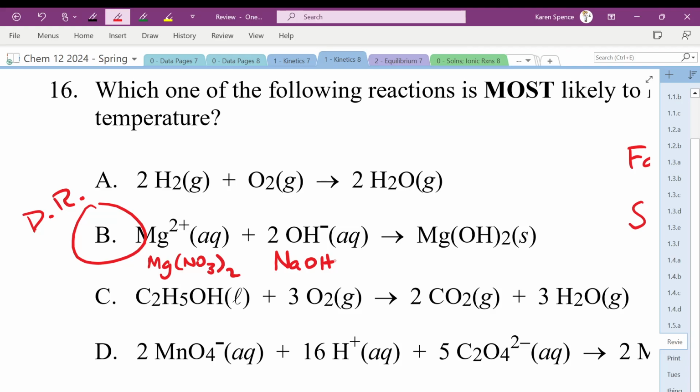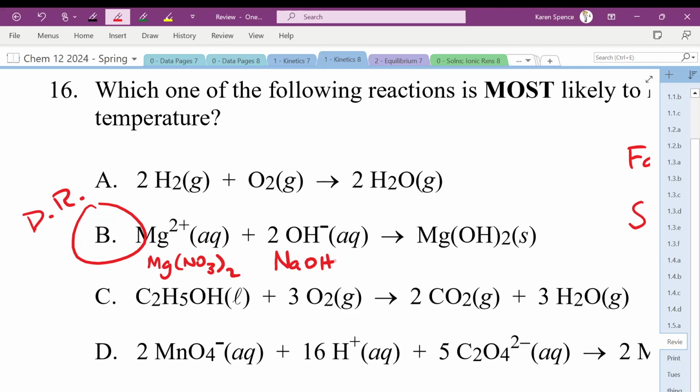But they just don't exist that way, because how did Mg2+ become Mg2+? It had to have given away 2 of its electrons. Who did it give them away to? It would have given them away to some sort of anion, because that's how the anion got its negative charge. Excellent question, though.